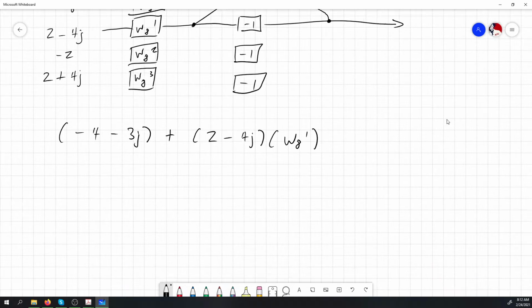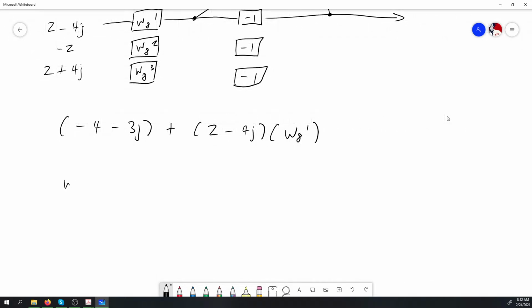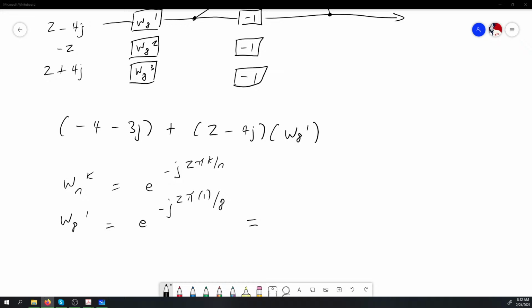And we know that Wn of k here is equal to e to the minus j 2 pi k on n, which is basically, if we're trying to solve for W8 of 1, this will be e to the minus j 2 pi by 1 divided by 8. And we can just plug this straight into any complex calculator or MATLAB or Octave.